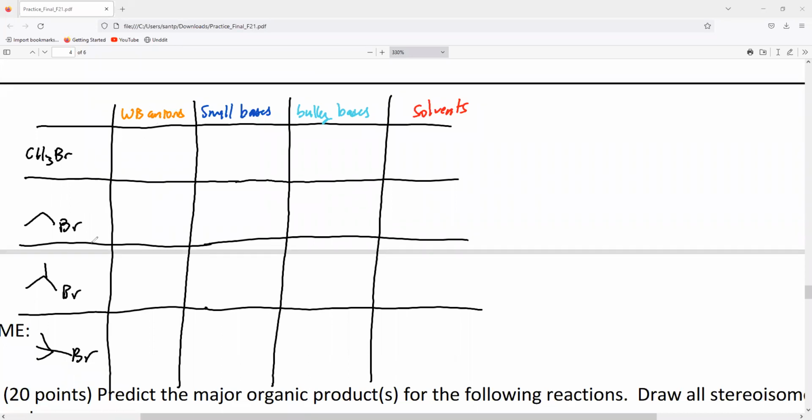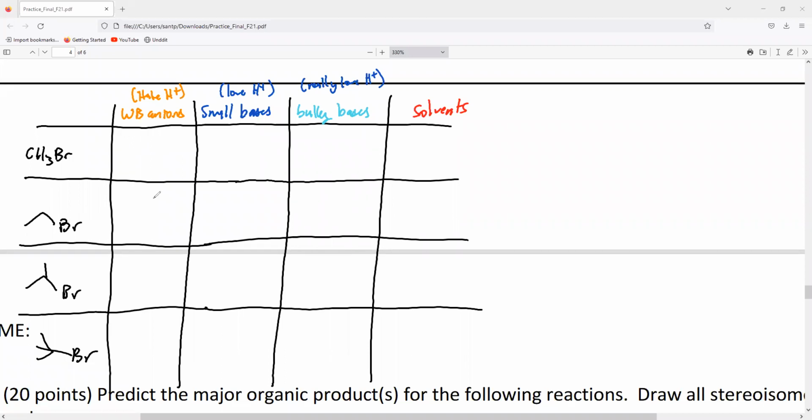If I look at my weakly basic anions, I mentioned that these guys really love to do SN2. Remember, small bases love protons, but weakly basic anions hate protons. And if E2 is a proton mechanism, these guys are almost never doing any sort of E2.